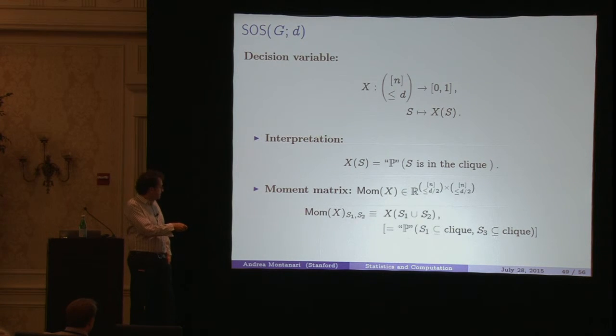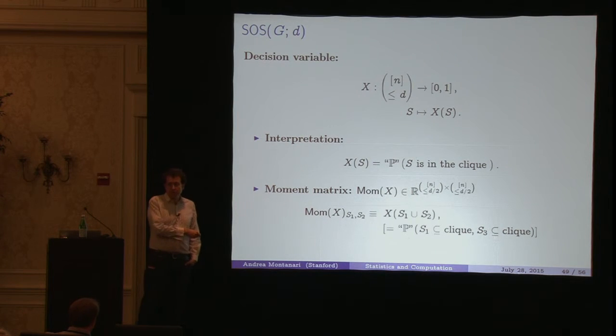The entry M(x) at S1, S2 is defined as x evaluated on S1 union S2. If you think of the interpretation, you understand the meaning of this name, moment. Because this is the probability that S1 is in the clique and S2 is in the clique. It is the probability that these two are both in the clique. So it's a moment.